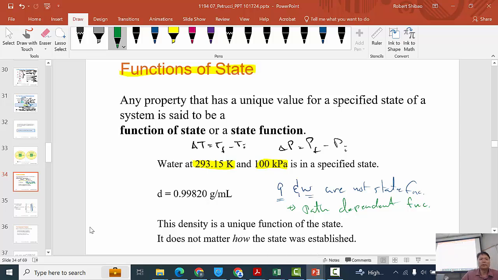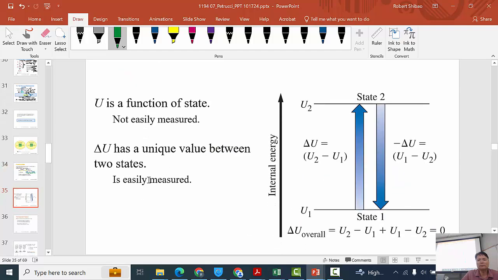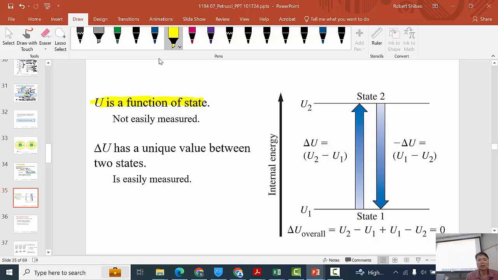And so let me give you an example of that here. U is a function of state here. And so what that means is that delta U has a unique value between two states. Actually, U we already talked about.